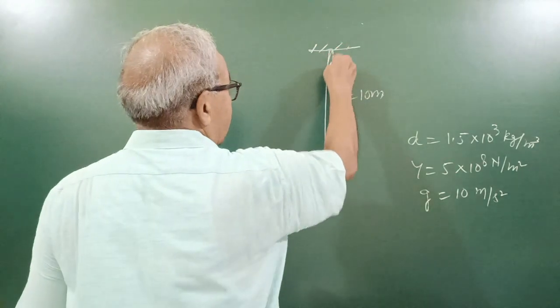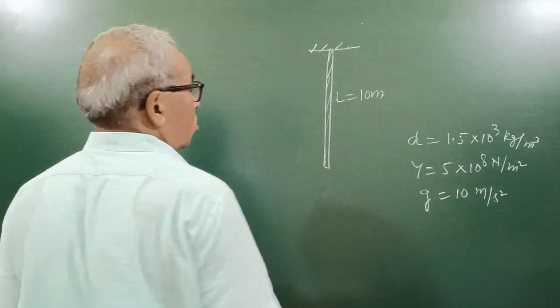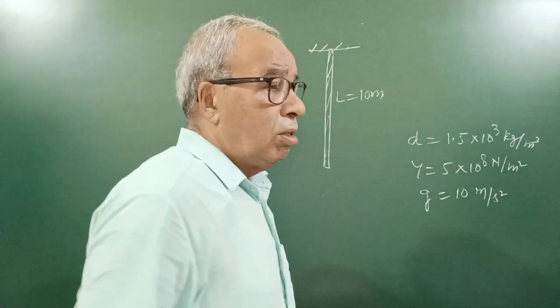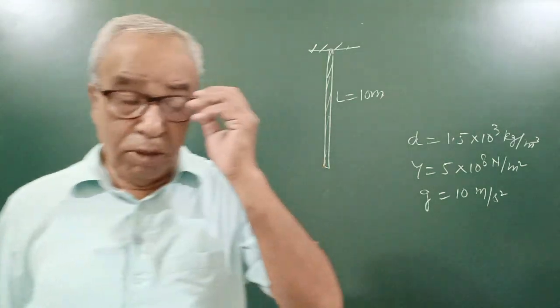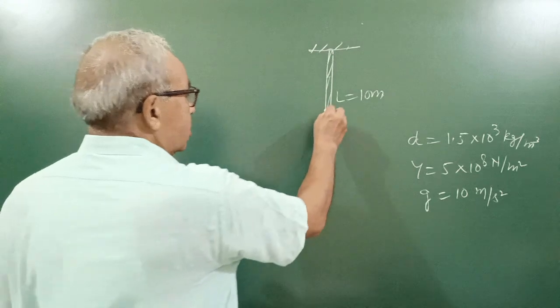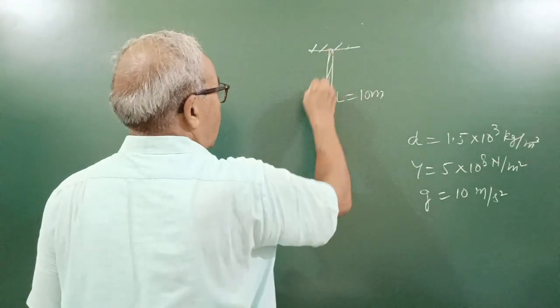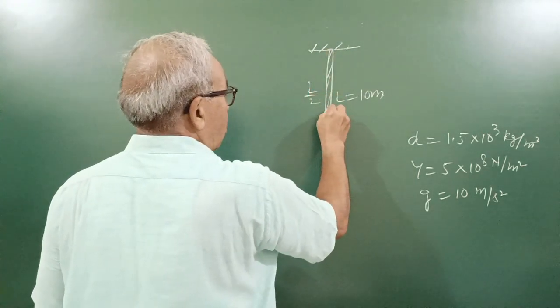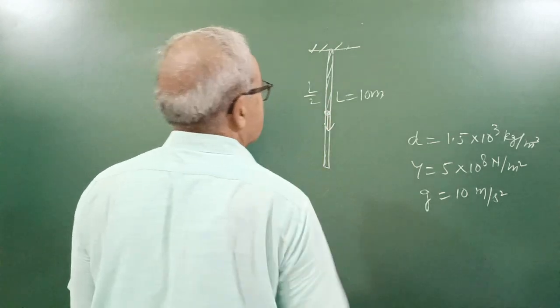Actually, by symmetry, the mass of this rubber band will be supposed to be concentrated at the center of mass, and it is symmetrical, so L by 2 length is there where the force will act.